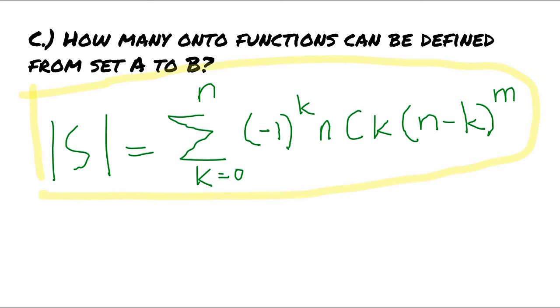Where did the total elements go? The total elements basically became the first term at k equals 0.